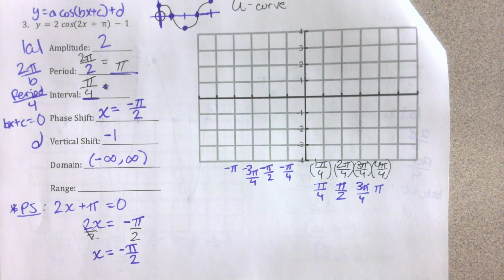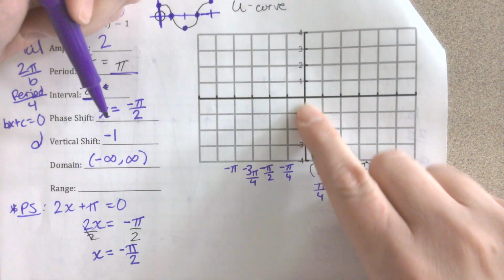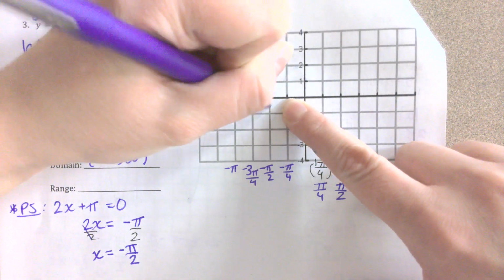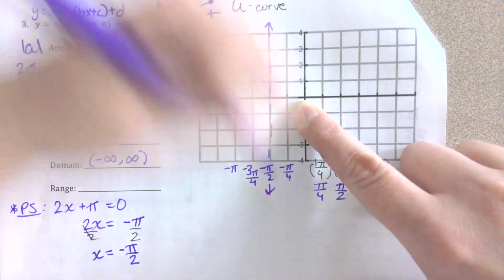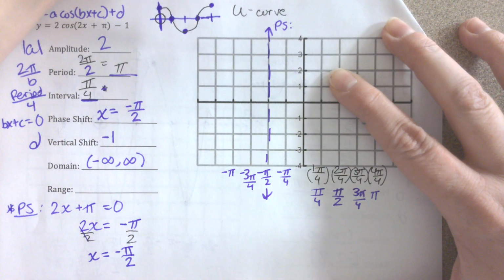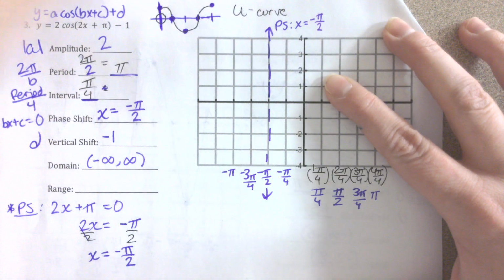Next, we need to figure out where exactly we're going to start. Phase shift is negative pi over 2, so that's here. I'm going to draw my vertical line through that and label it: phase shift, x equals negative pi over 2.